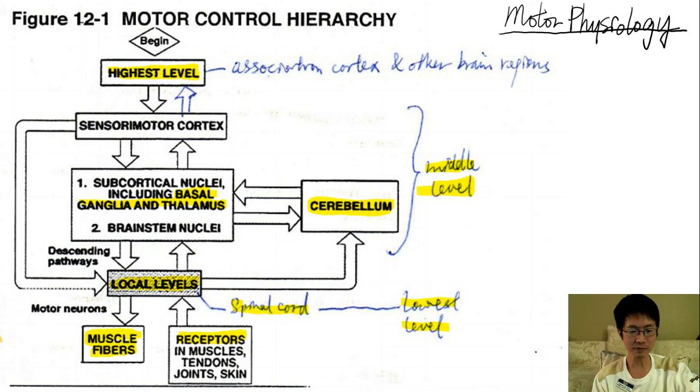Okay, that's about it. Now we will start with the lowest level, then go to the middle level, and then the last one, the highest level. The lowest level, we'll talk about three reflexes.